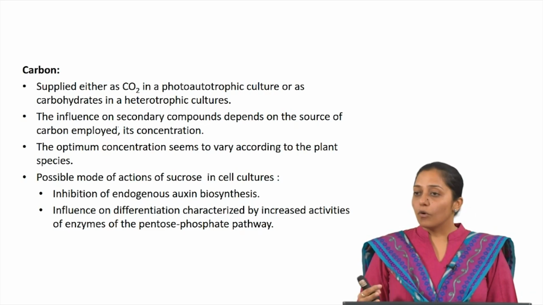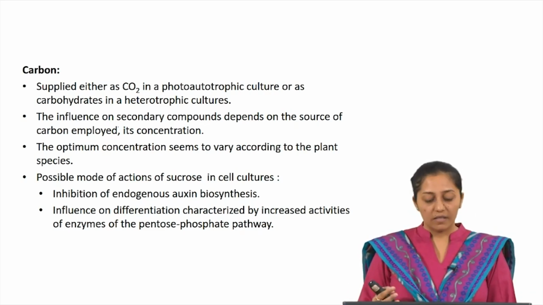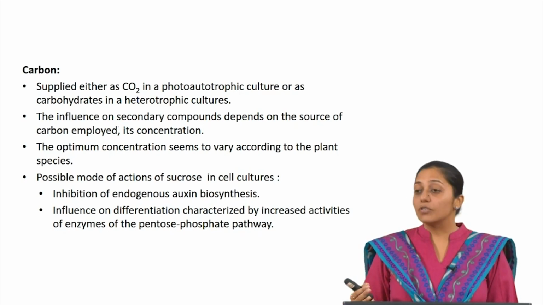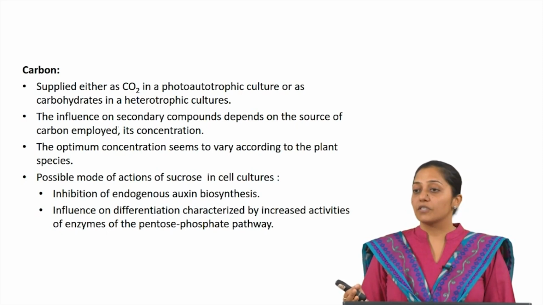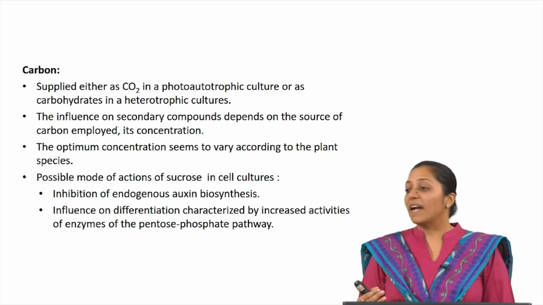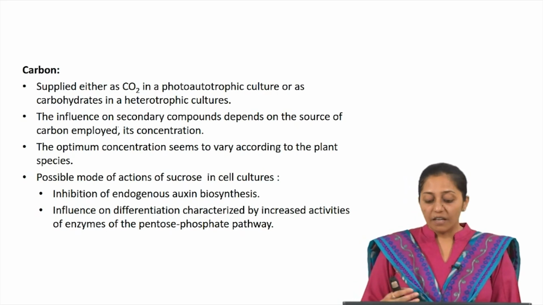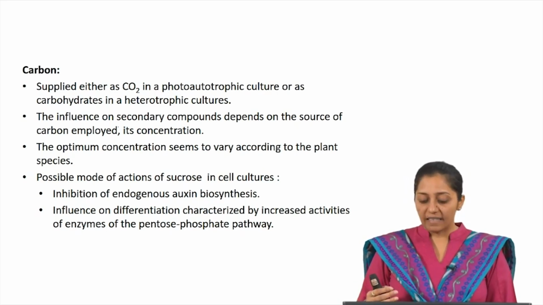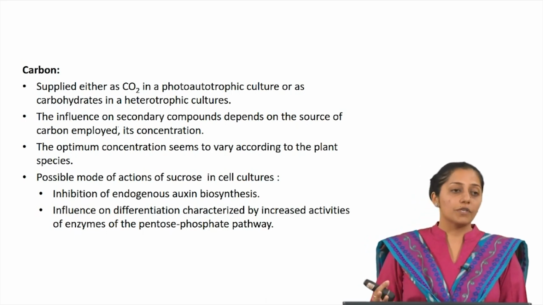The possible modes of action of sucrose which are known in literature on cell cultures include inhibition of endogenous auxin biosynthesis. By manipulating sucrose concentrations, this may indirectly impact the endogenous auxin levels also. Then there is influence on differentiation, characterized by increased activity of the enzymes in the pentose phosphate pathway.